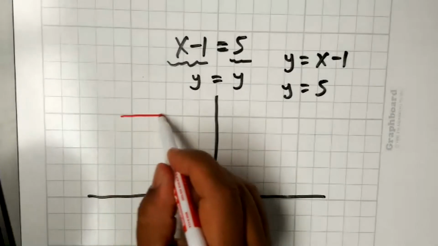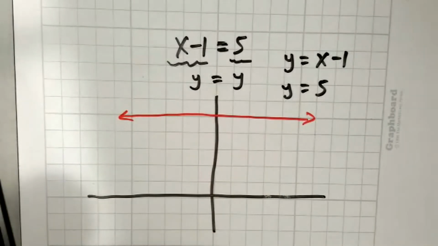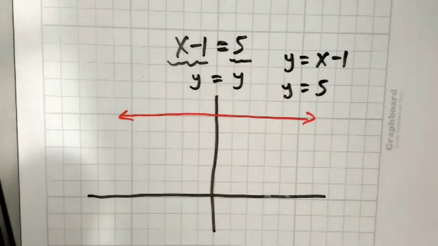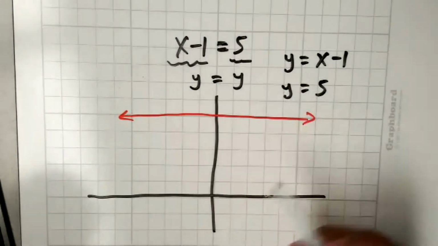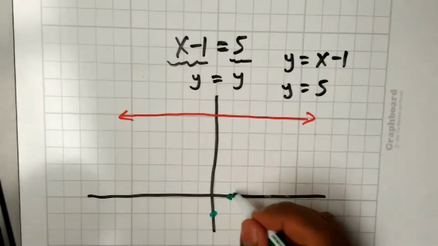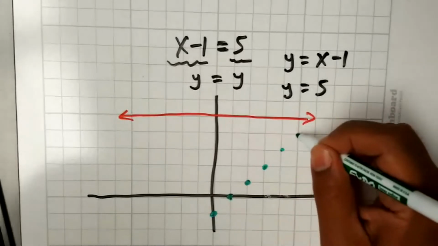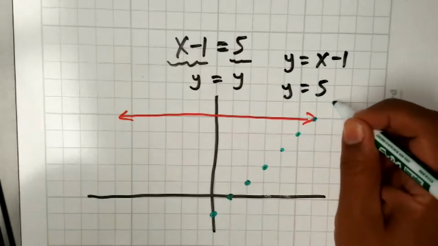So if I graph y equals 5, that's a horizontal line here at 5. And then I could graph y equals x minus 1. So here's minus 1, and the slope of 1. I just keep doing the slope of 1.